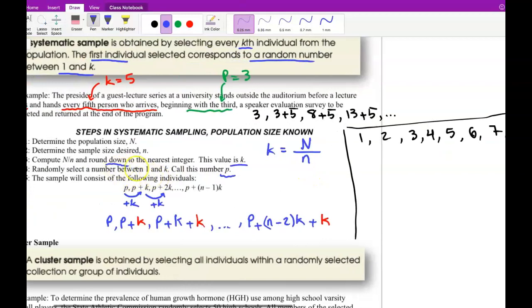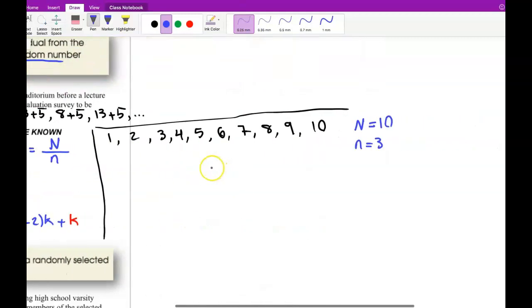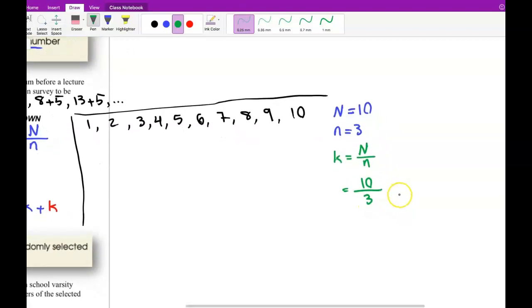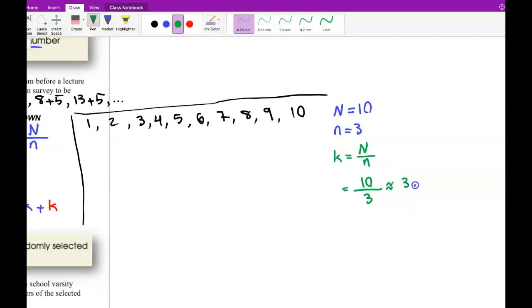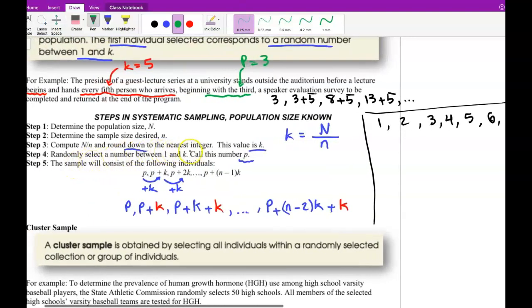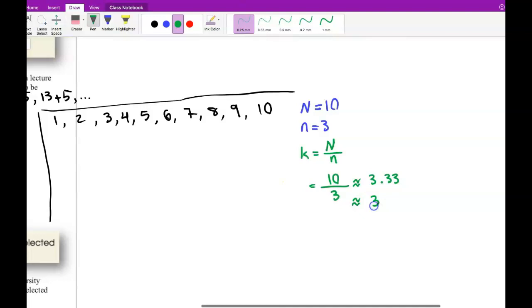Then find K: population size divided by sample size, rounded down to the nearest integer. 10 divided by 3 is 3.33. Rounded down to the nearest integer, that is 3.